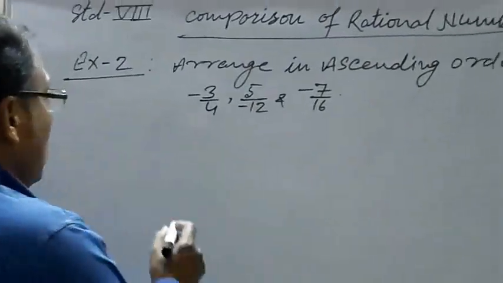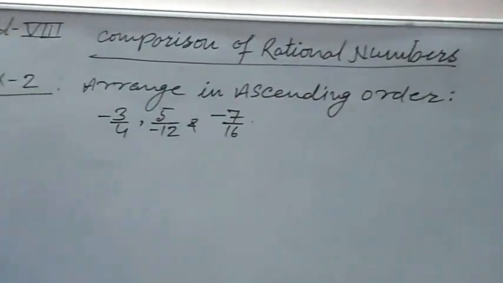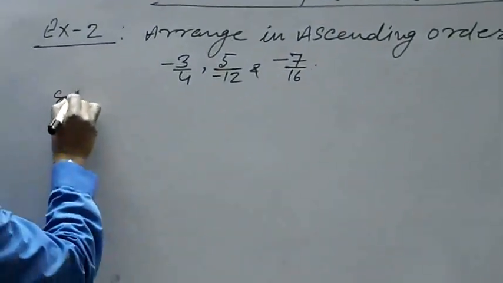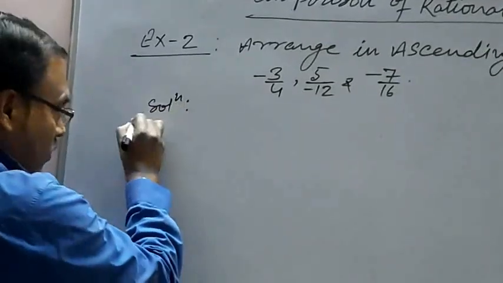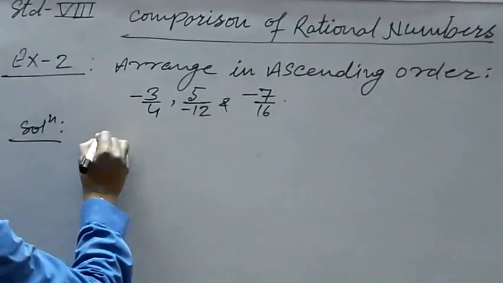Now we see the second example, arrange in ascending order. So first of all, in solution, we make the denominators positive.